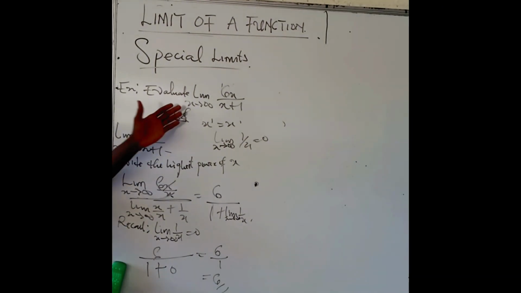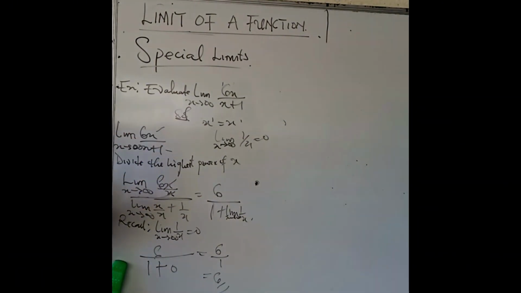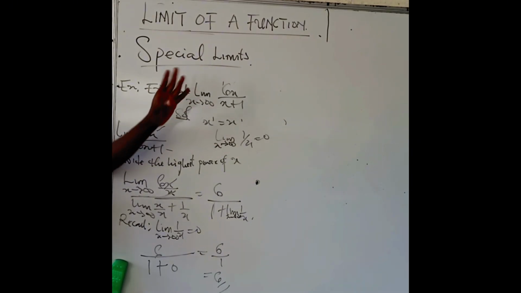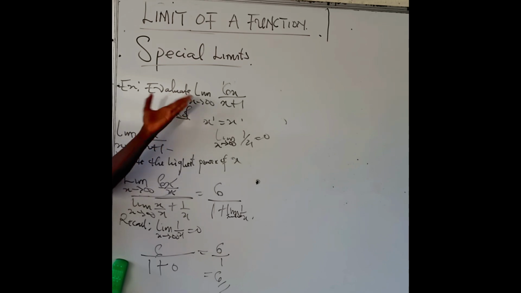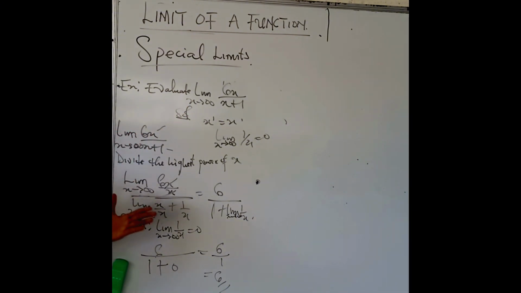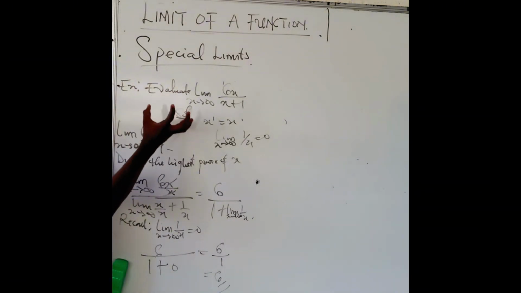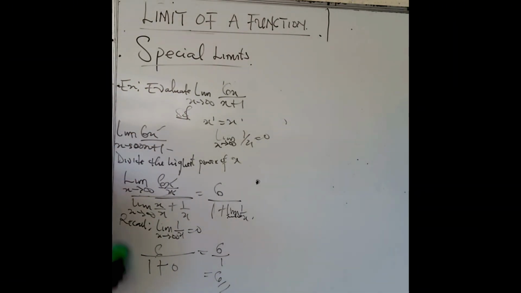So whenever you have a question like this, firstly you check the approach, whether it is a general method or a special limit. A question is in the general method when it has a real output value. But when you look at a and s approaches infinity, it means s is arbitrarily large or small, so you are not going to use direct substitution method. You make use of the laws of special limits.